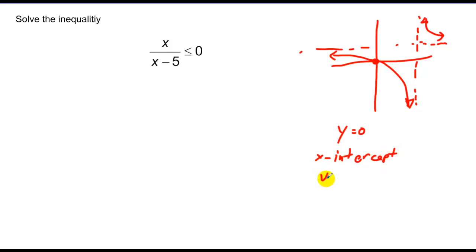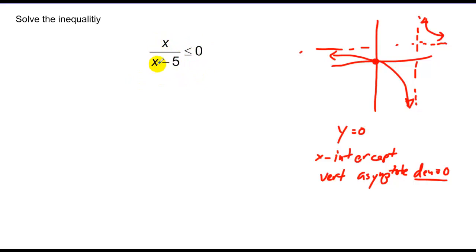So we know important things happen at intercepts in terms of the x, and at vertical asymptotes, or when the denominator equals 0. Okay, so in this case, I've set aside equal to 0.